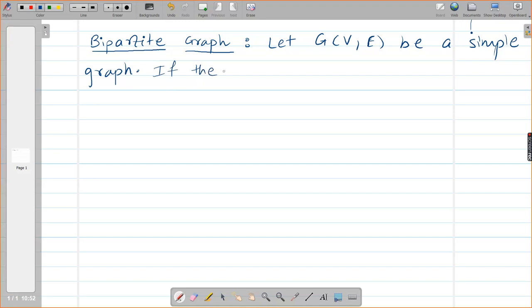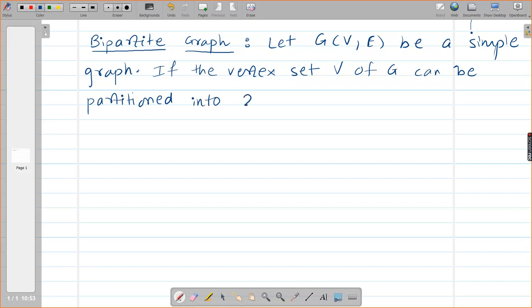If the vertex set V of G can be partitioned into two non-empty disjoint subsets V1 and V2.